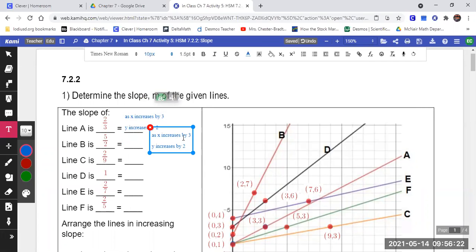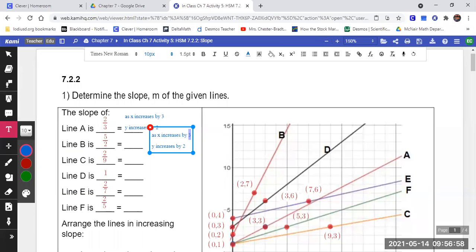What would we say for B? As x increases by what number? What number stands for the x change? The x is the 5? Really? Look back at the last one.